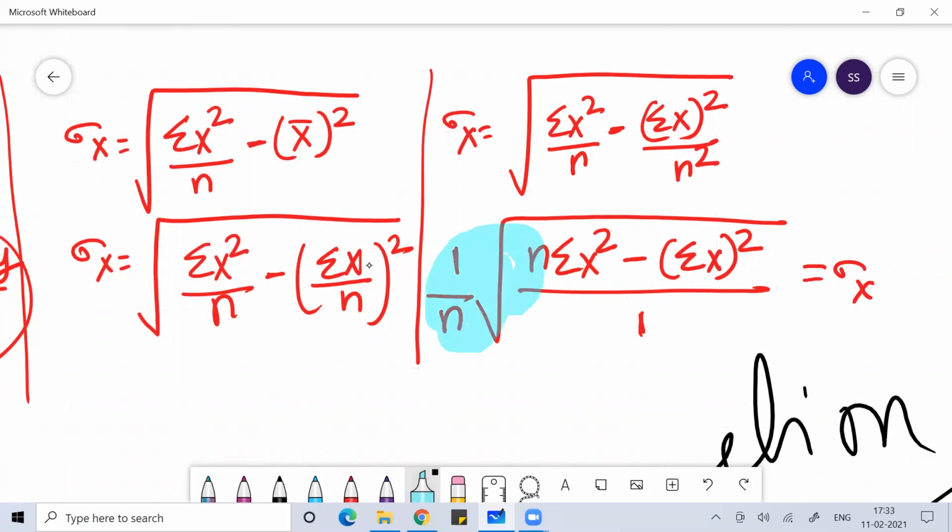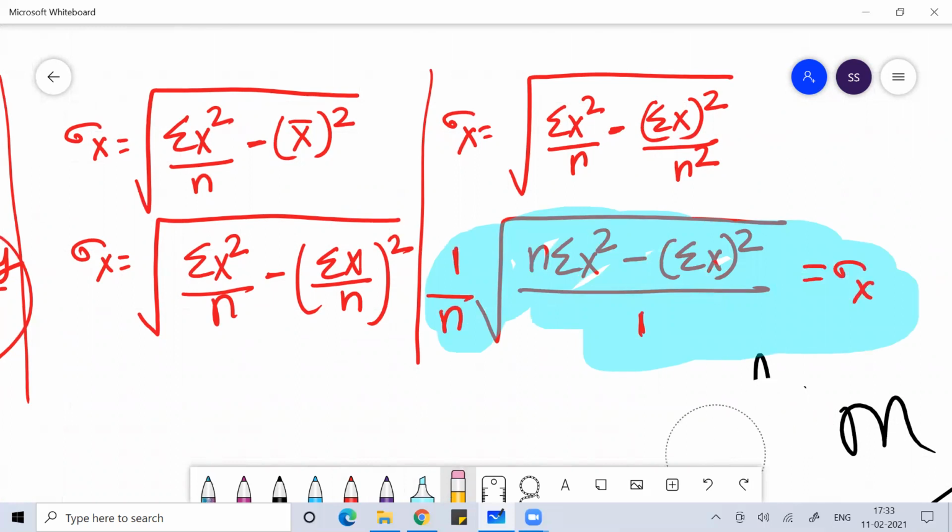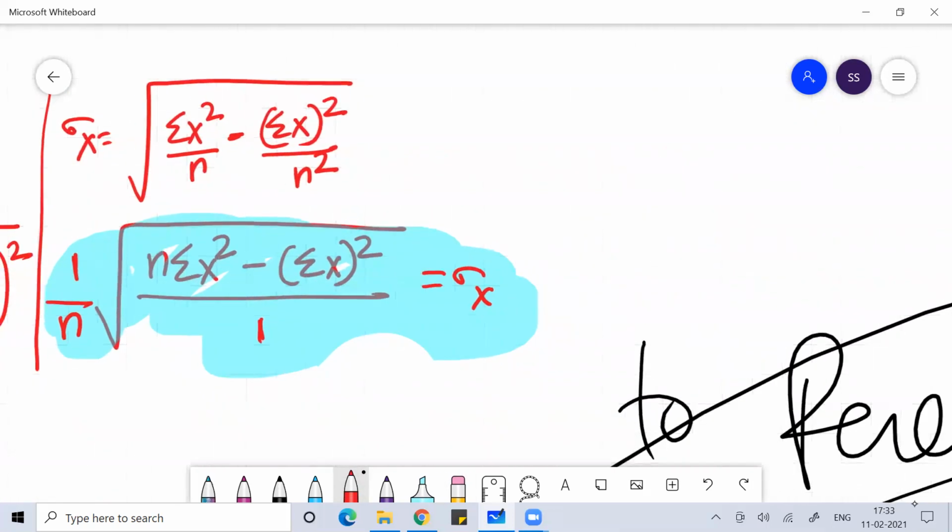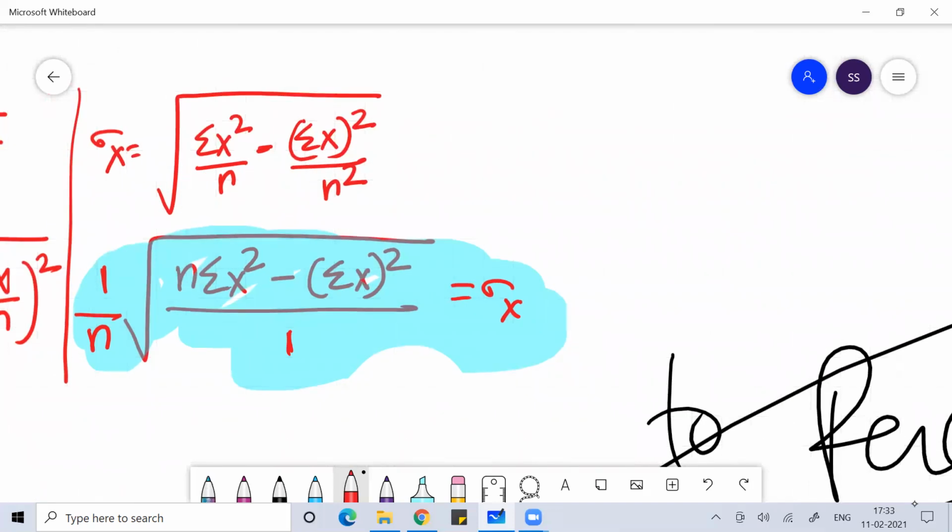Like the way I wrote standard deviation of x, the same way I can write the standard deviation of y also.